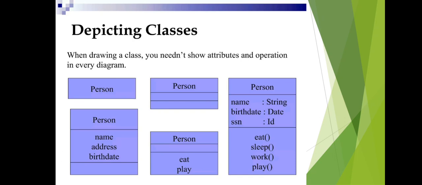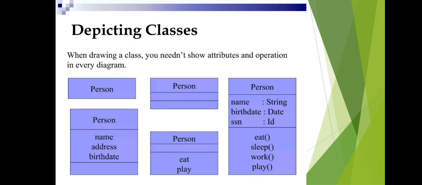In this representation, showing every attribute and operation is not always important. In this diagram, the name of the class is Person, and the attributes are name, address, and birth date, but there are no operations, so we do not write any. In the second diagram, the class is Person, there are no attributes, and there are two operations, eat and play.